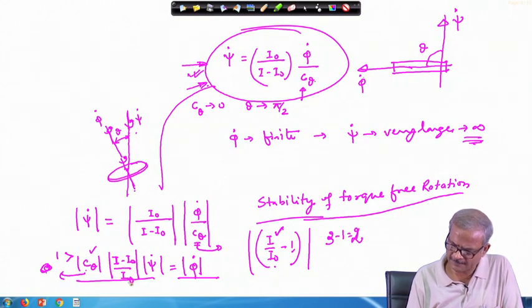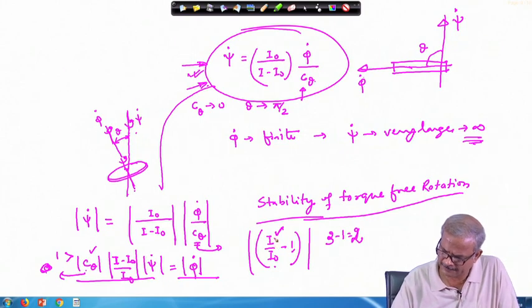Either this will be greater than 1, or it can also be the other way, if I is less than I0. So, this quantity becomes less than 1, and therefore this quantity will be small.